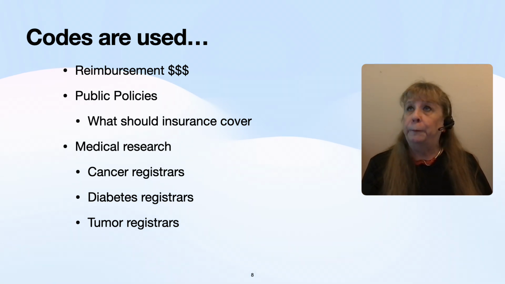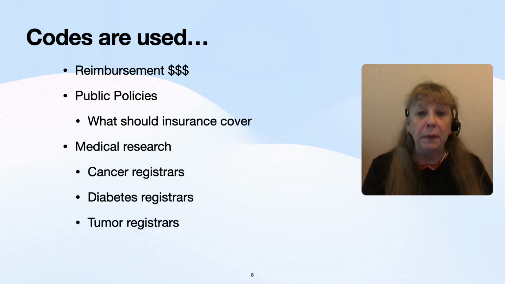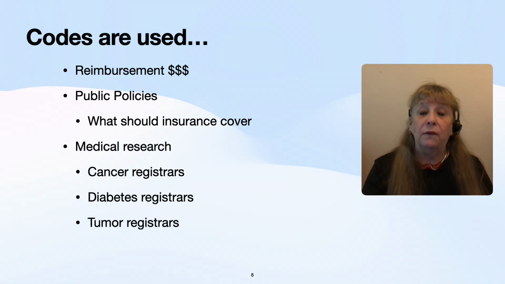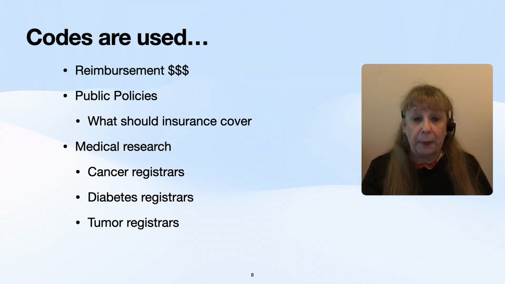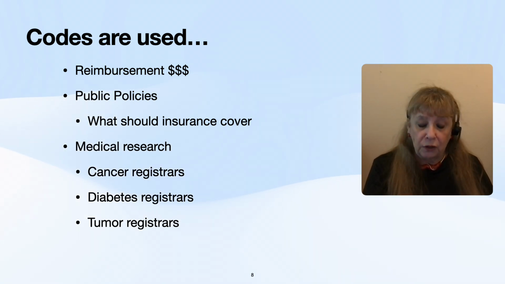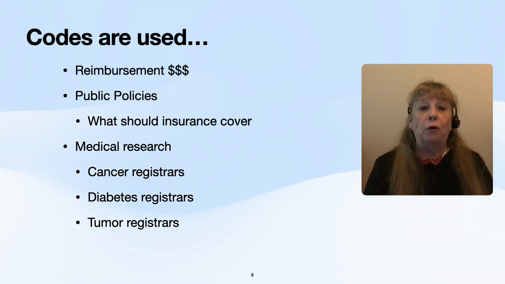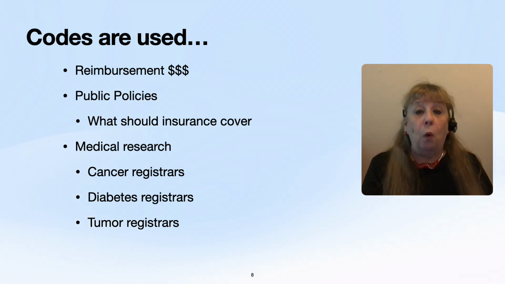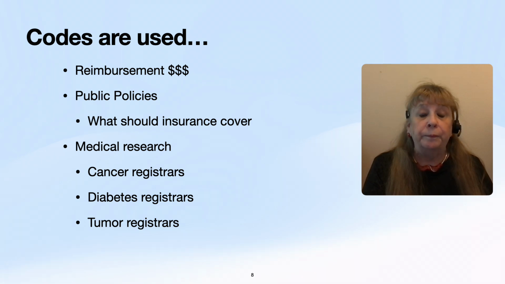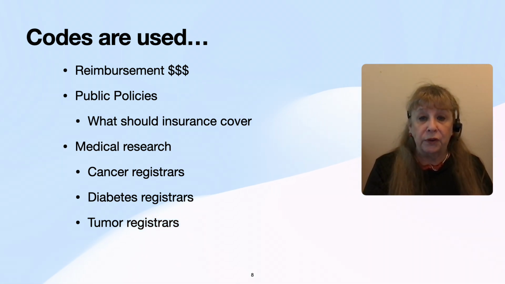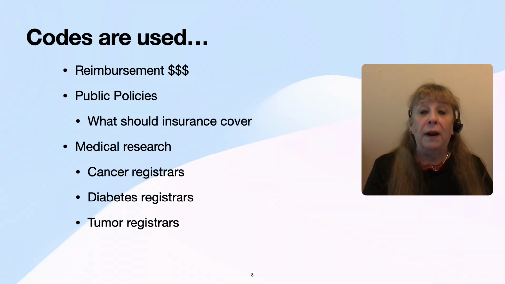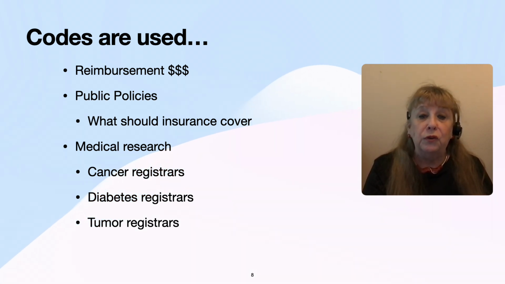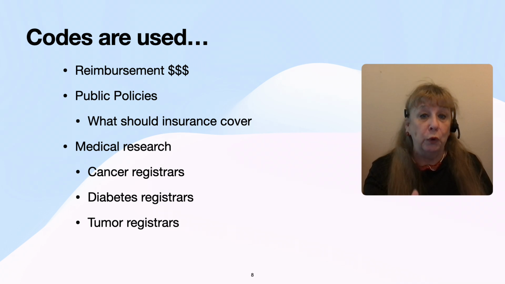For example, a long time ago, analysis of the codes of pregnant women as well as codes for the babies got to explain to health insurers and the governments, state and federal governments, why it is so important that prenatal care be covered under insurance, because the benefits far outweigh the costs. And they used our codes to prove that.